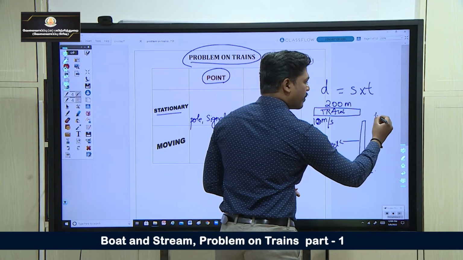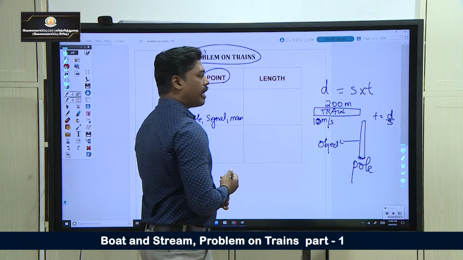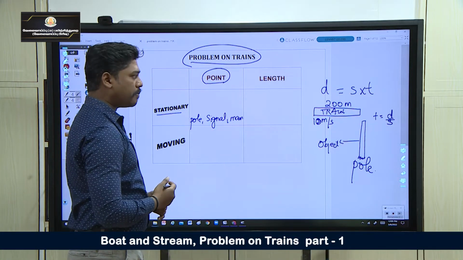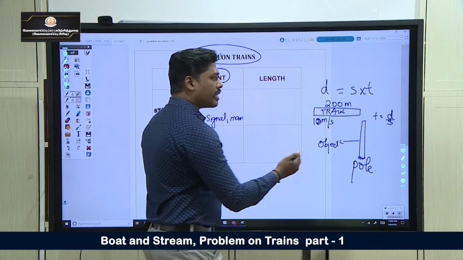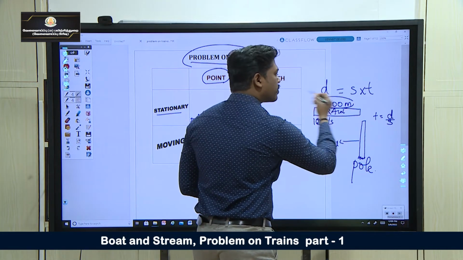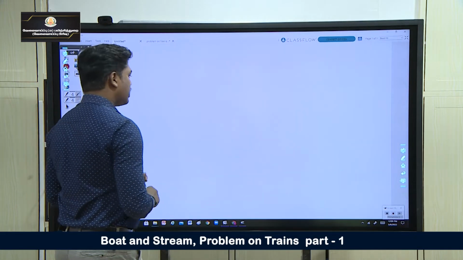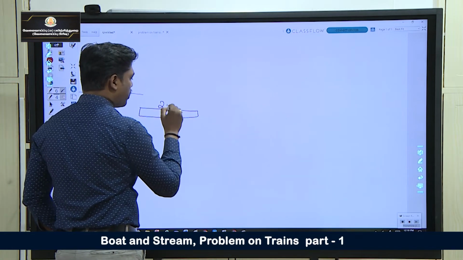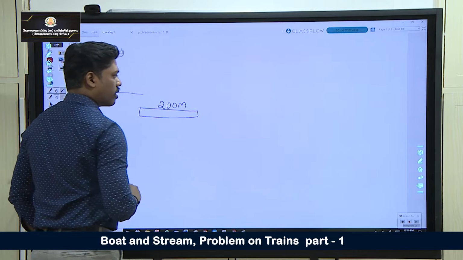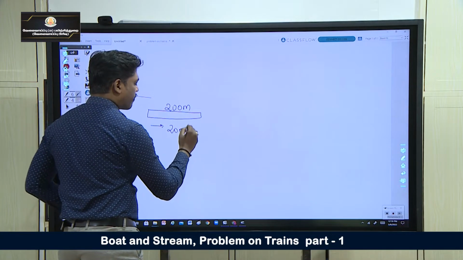So time is equal to distance by speed. What is the distance here? The distance here is the length of the train. Here we are having a train of 200 meter, moving at a speed of 20 meter per second.